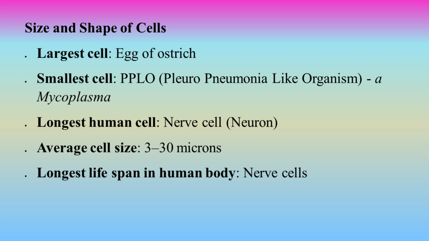In humans, the longest cell is the nerve cell or neuron, which can extend over a meter. The average cell size ranges between 3 to 30 micrometers. Interestingly, nerve cells also have the longest lifespan in our body. They can last a lifetime.